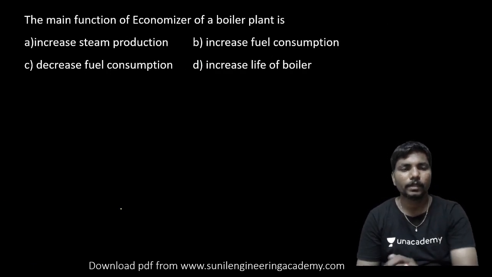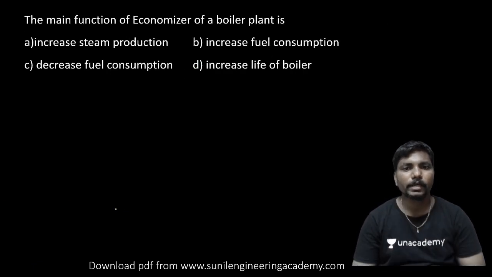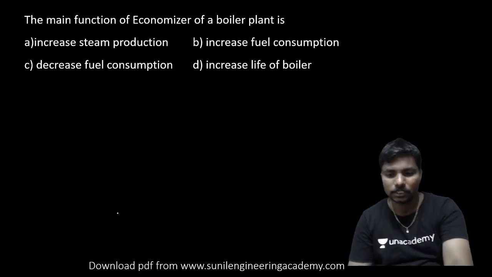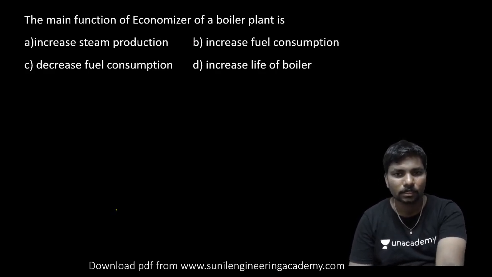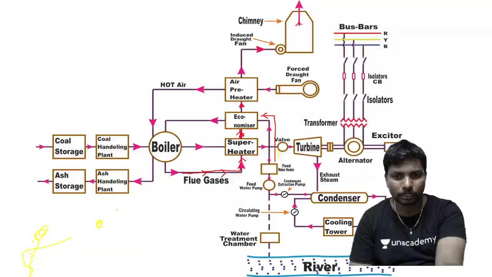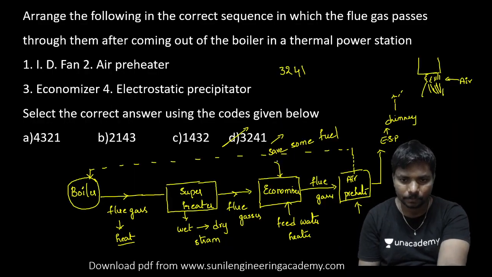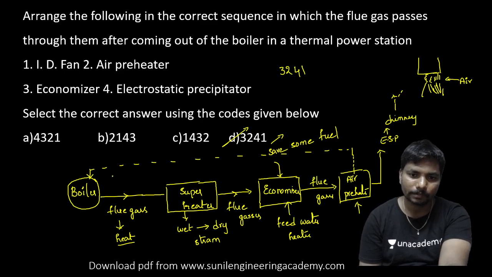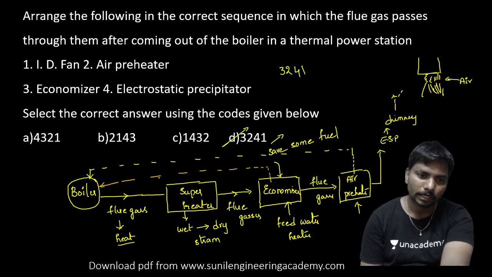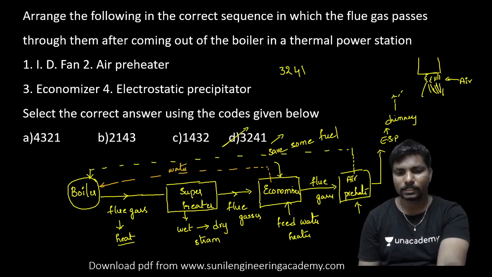Coming to the next one. The main function of the economizer of a boiler plant is dash. Due to this economizer, the water before entering into the boiler is heated by using the flue gases heat.